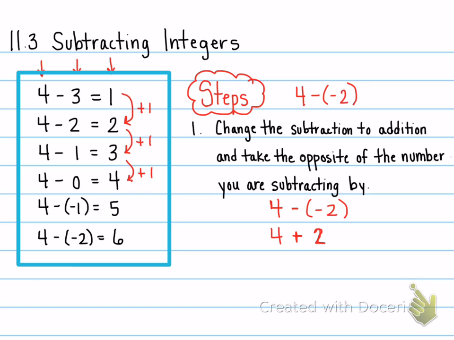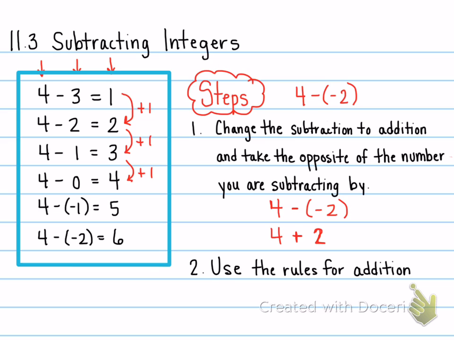Then, once you have that problem, the second step is to use the rules for addition. And we learned the rules for addition. If they have the same sign, you add and keep the same sign.